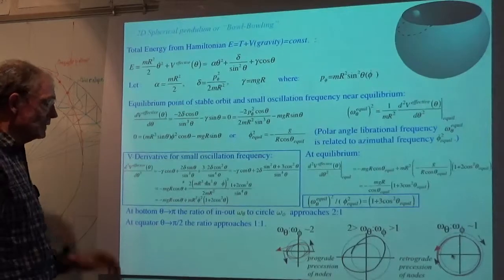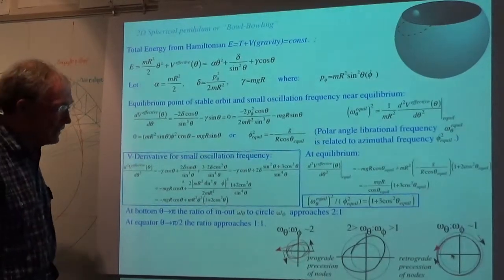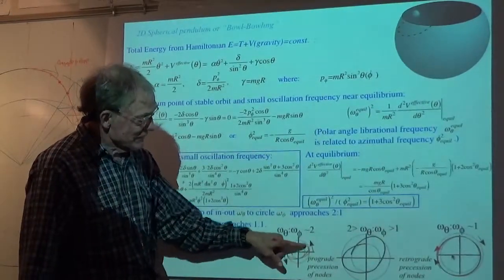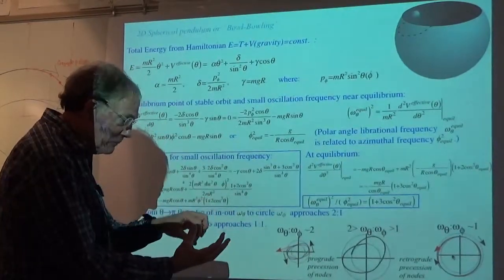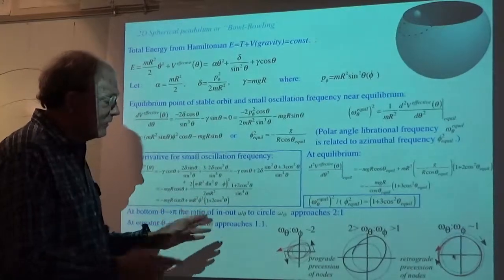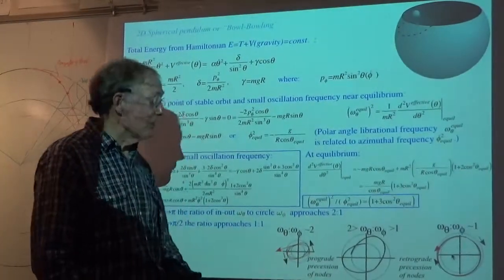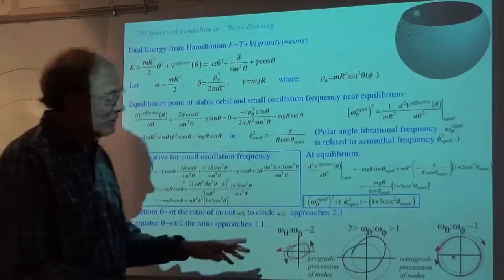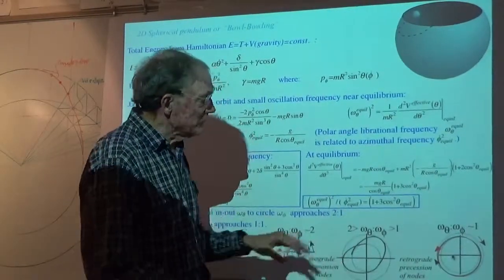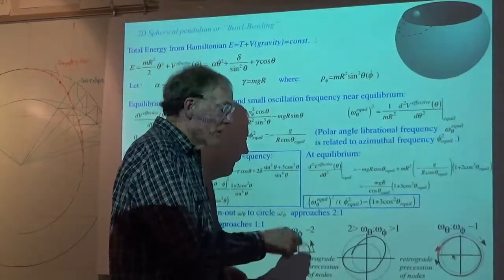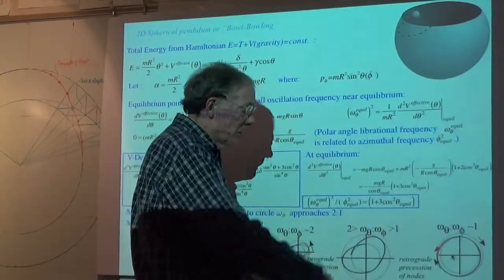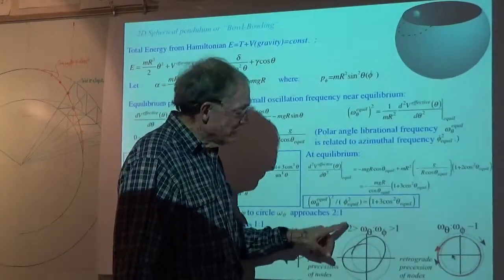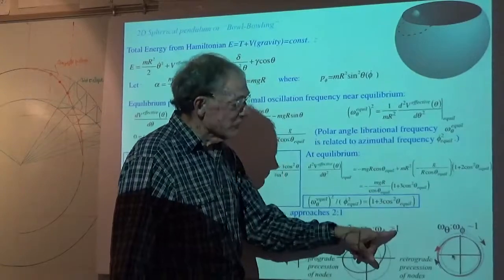That's the cool thing about the eyeball, is that its orbits are very nearly closed. And the closer you can get to the bottom, the less they'll precess. But remember we said they're going to do prograde precession of nodes, so that's the thing to check. Then as you get further up, where your oscillation is back and forth with quite a variation in theta, the libration becomes a major part of the motion, you're going to lose 2 and start going for 1.